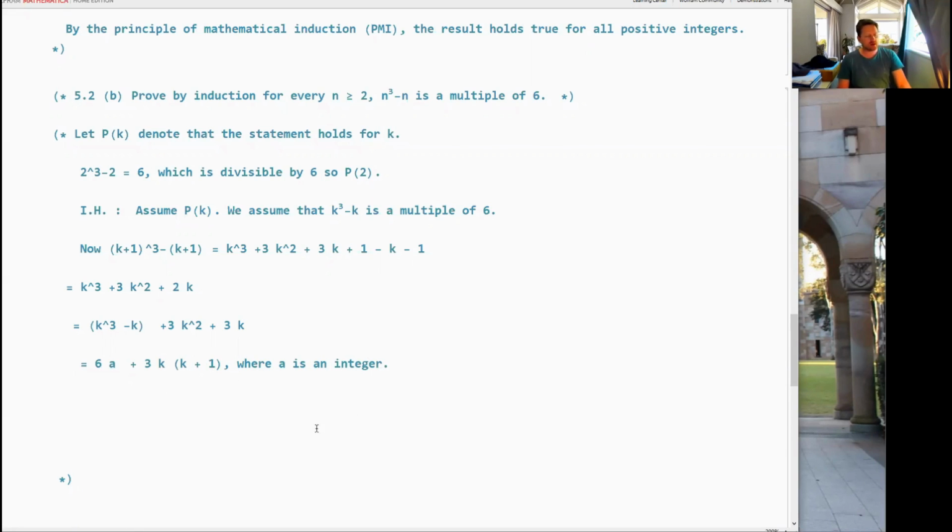Now we can just use the fact that k times k plus 1 is even. We've already proved this, but let's just say that we're using the induction hypothesis.